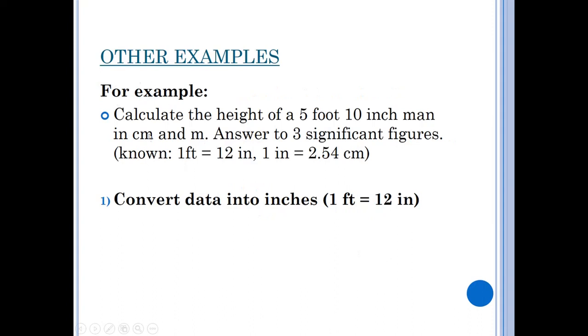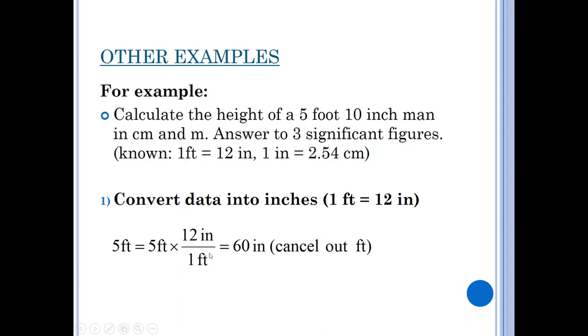And for the example, calculate the height of a 5 foot 10 inch man in cm and meter. Answer to 3 significant figures. And this is the factor conversion for feet to inch. So the given is 5 feet times the factor conversion, 1 foot equals 12 inch.